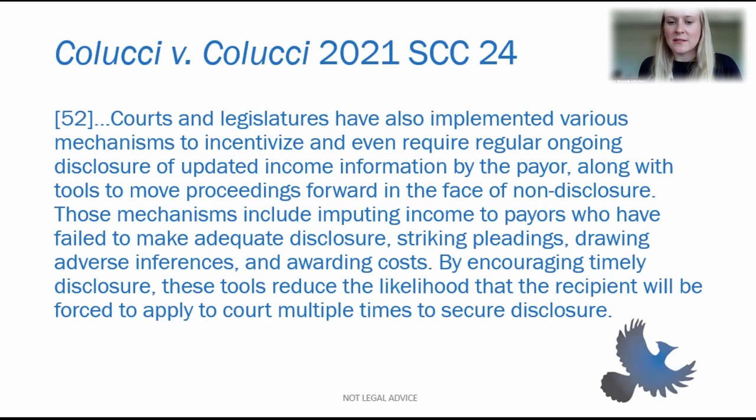Those mechanisms include imputing income to payers who have failed to make adequate disclosure, striking pleadings, drawing adverse inferences, and awarding costs. By encouraging timely disclosure, these tools reduce the likelihood that the recipient will be forced to apply to court multiple times to secure disclosure. So the whole case, hopefully, will improve some pieces of financial disclosure in family law.